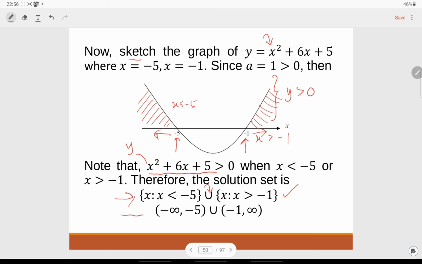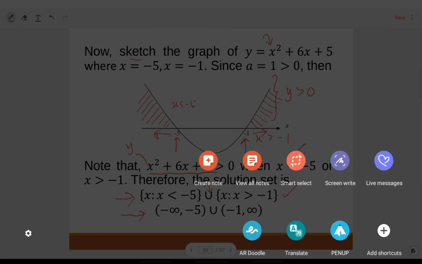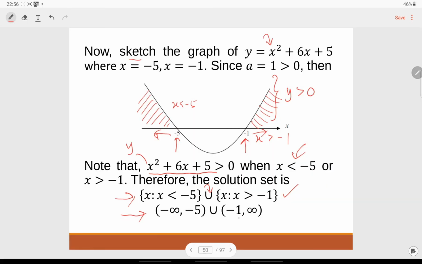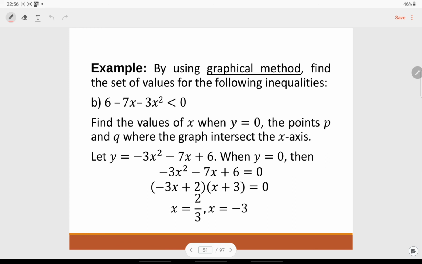We move from negative infinity up to negative 5, open interval because we use this sign. And then at the other side we have union with negative 1 up to positive infinity. Again, it is open interval because we have this sign. So that's the complete answer for this question.